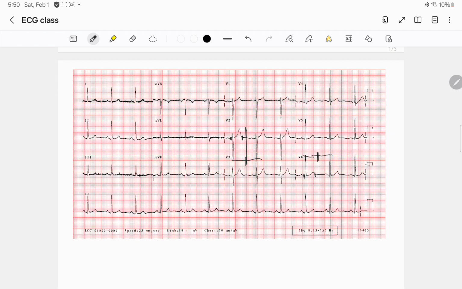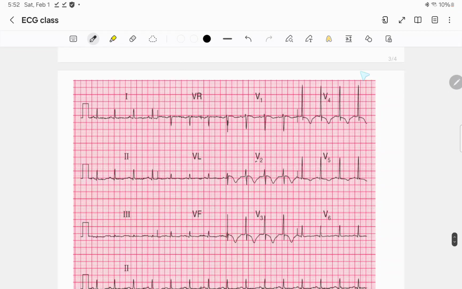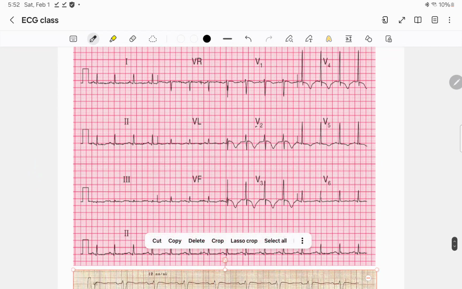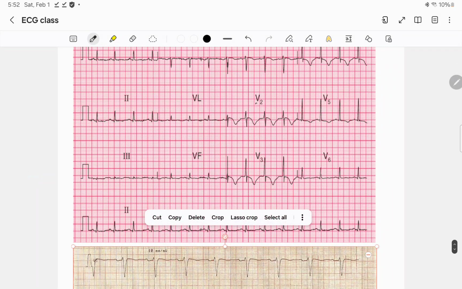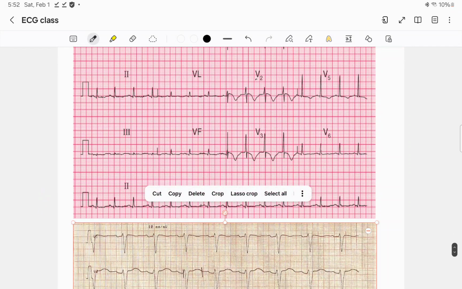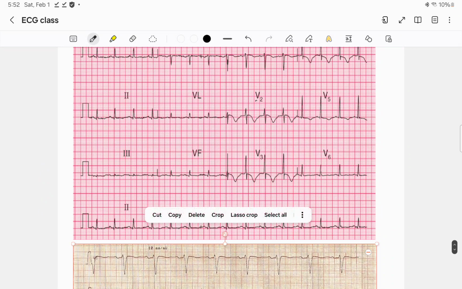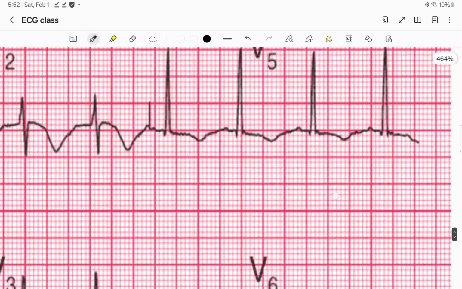Now I'm going to show you a QT that's prolonged. Let's look at this ECG, and let's pick a lead where the QT is very readily observed, and we're going to pick V5.